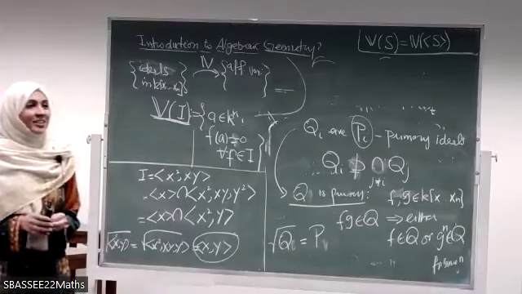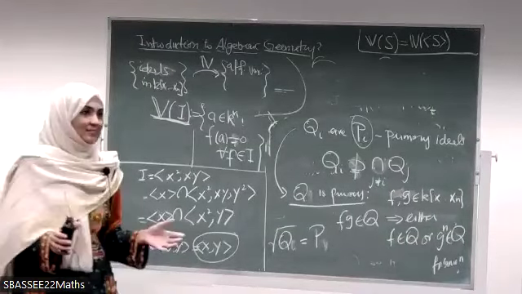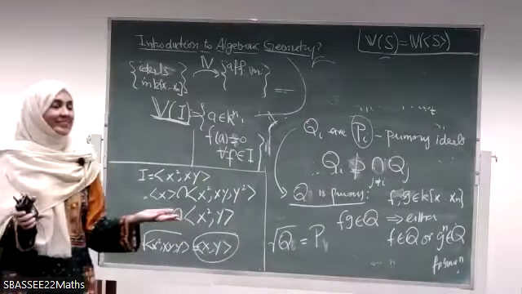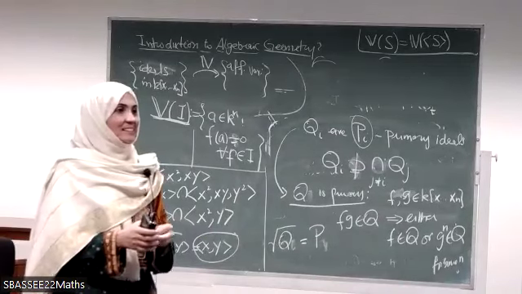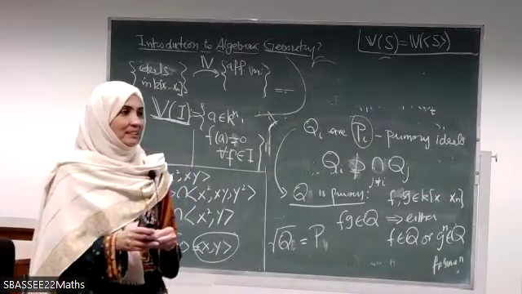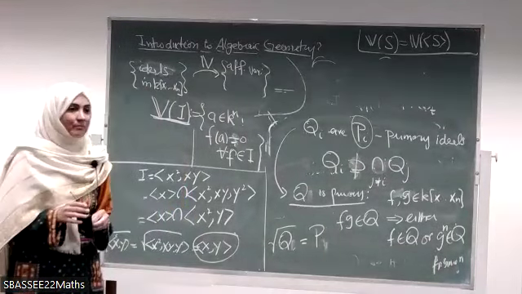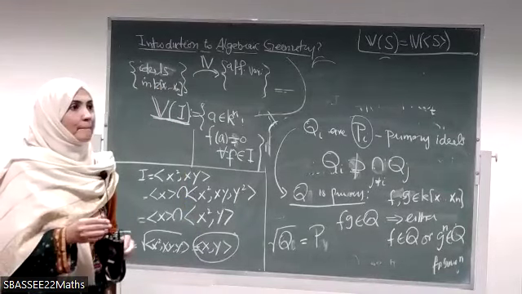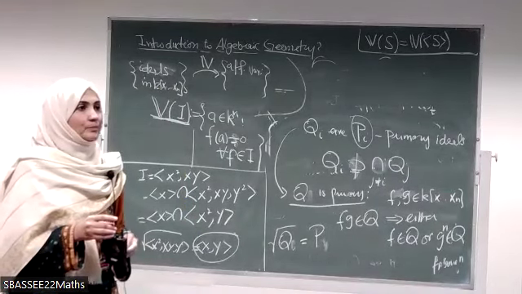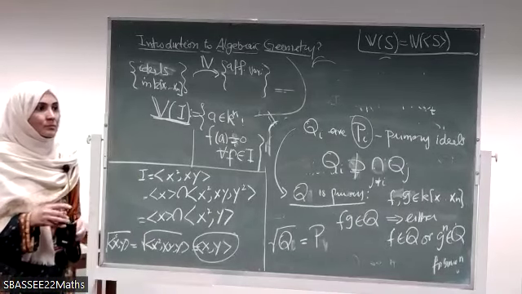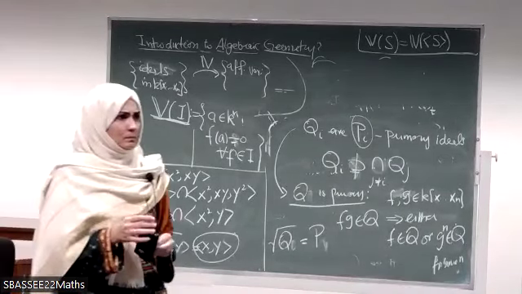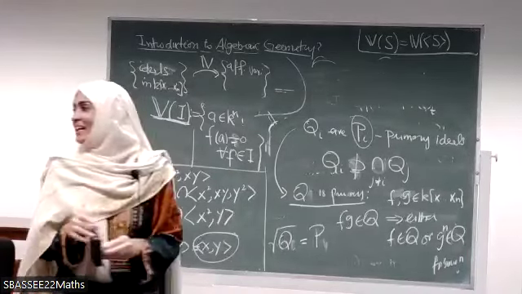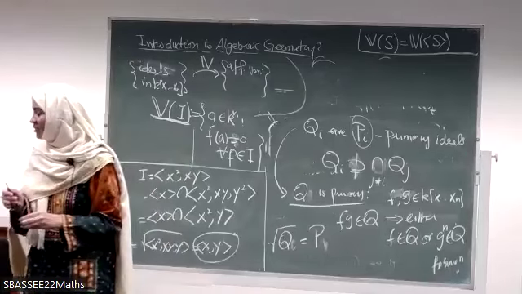What is an affine variety? It's just the zero set of your polynomial. So the points which satisfy the polynomial, that is the answer.